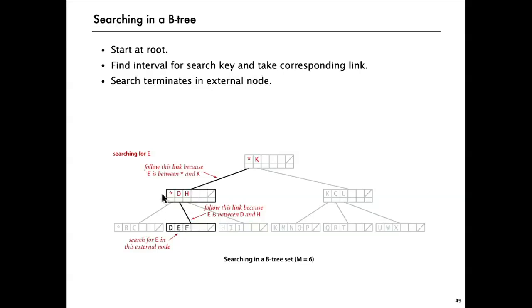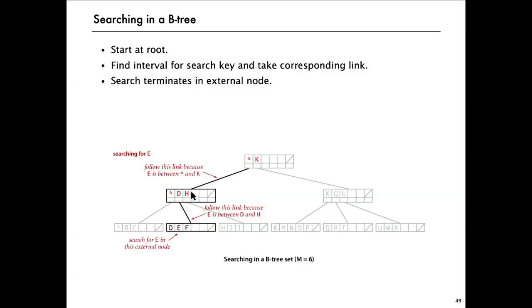There's a list of keys at every internal node, and then links for every key that give you a place where your key would have to be. This link is for all the keys in the B tree that are between this key and the next one.